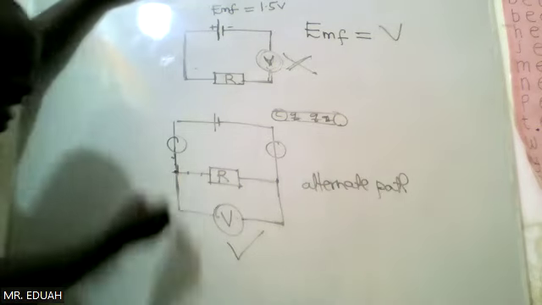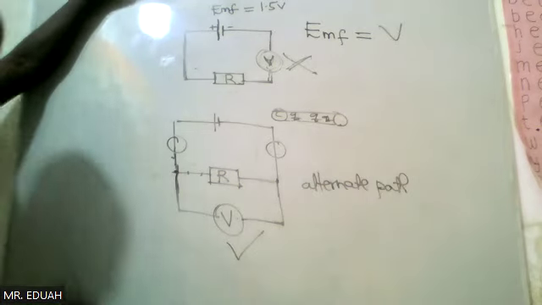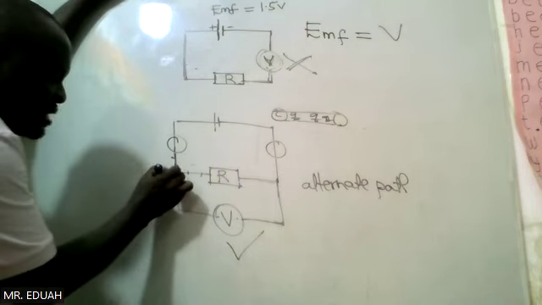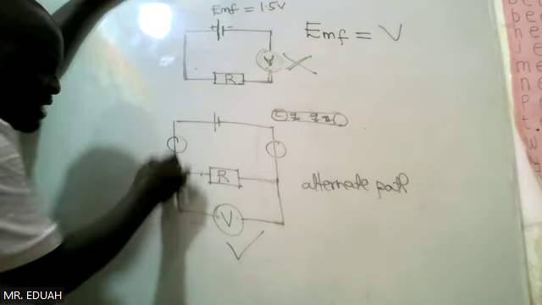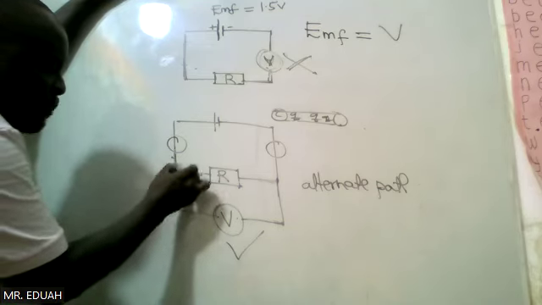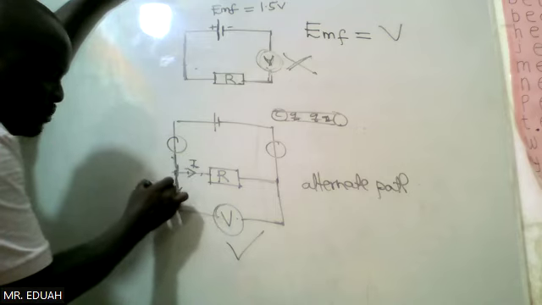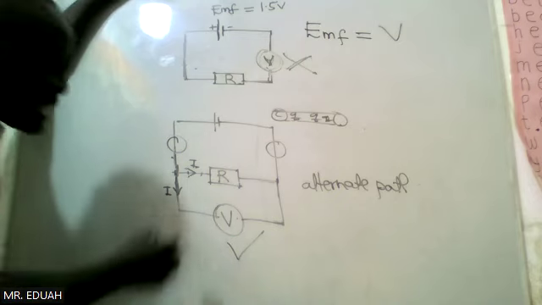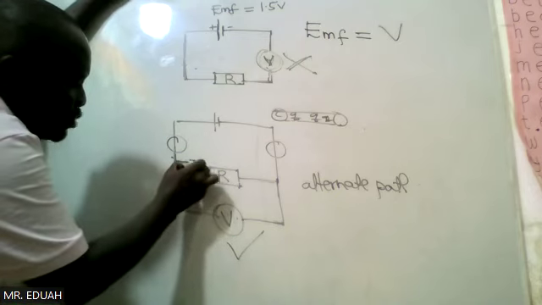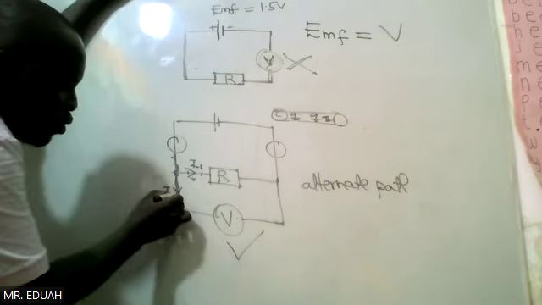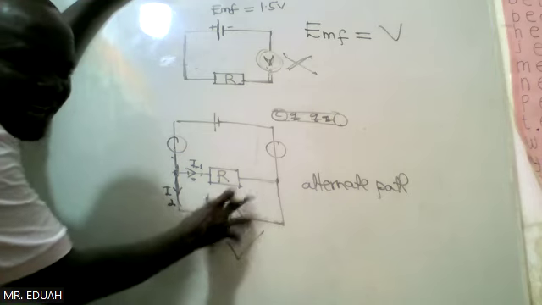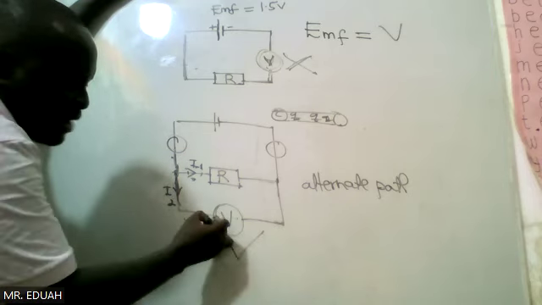But one may ask, while this is a wire, still current will go through. It's true, because once you connect another third wire, you create a junction. Whenever current gets to a junction, it will break up. Part will go here and part will come here. But when this is I1 and this is I2, when I2 gets to the voltmeter, because it has a very high internal resistance, I2 cannot pass.